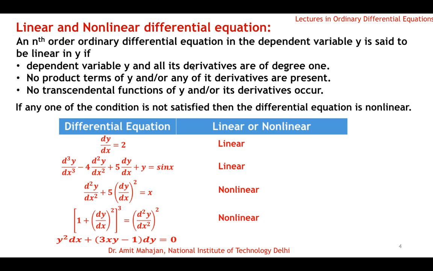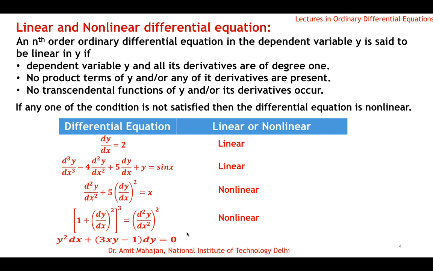So the first condition will not be satisfied, so it becomes a non-linear equation if y is the dependent variable. On the other side, if I divide with dy and write this as y square dx by dy plus 3xy minus 1 is equal to 0, then x is the dependent variable, and in this term there will be only one x, here only one x, here only a constant number.